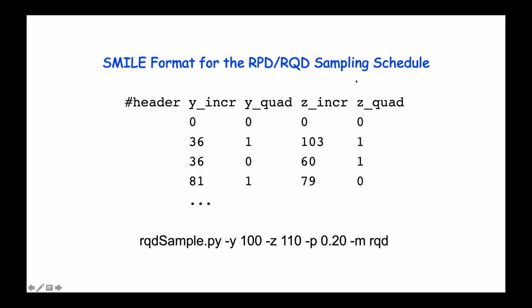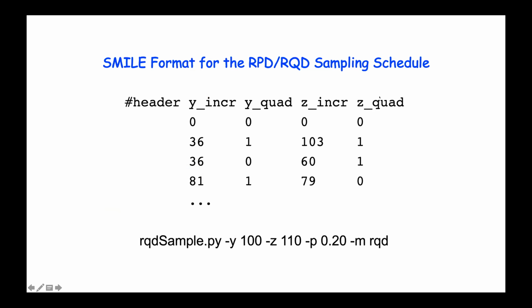And the first thing I did is that I had to come up with a new format for the sampling schedule. In the end, suggested by Frank, I have a header like this. Luckily Bruker doesn't skip this if you have a hash. And the first column is the y increment, and then you have the y quadrature. So 0 for cosine, 1 for sine, or 0 for echo, then 1 for anti-echo if you do sensitivity enhanced.